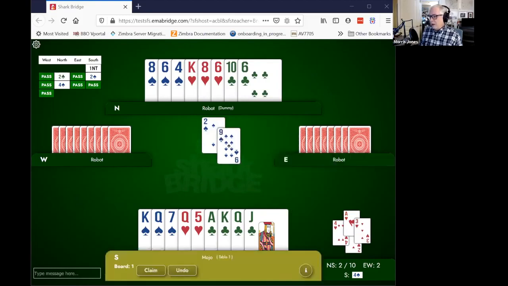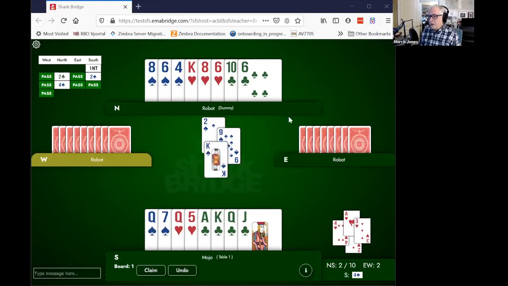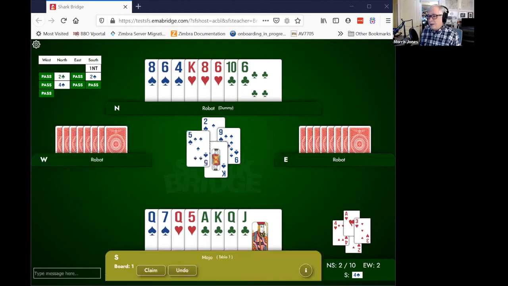What would it gain me by ducking? If I duck here, I'm losing the trick. Plus, I'm losing the ace of spades, and so we're automatically down 1. I have to play the king here and hope that the ace was in this hand. And if it's not, then it's not going to work. I'm down 1. But if the ace is in the correct hand, then we're winning 2 tricks.